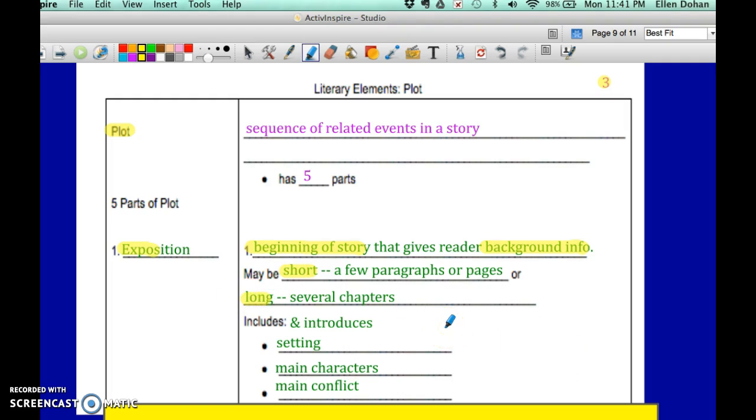For example, in the novel we'll read next year, To Kill a Mockingbird, the exposition is 12 chapters long. The exposition introduces the setting, the when and where the story takes place, main characters, which we'll get to, and it hints at the main conflict, the main problem in the story.